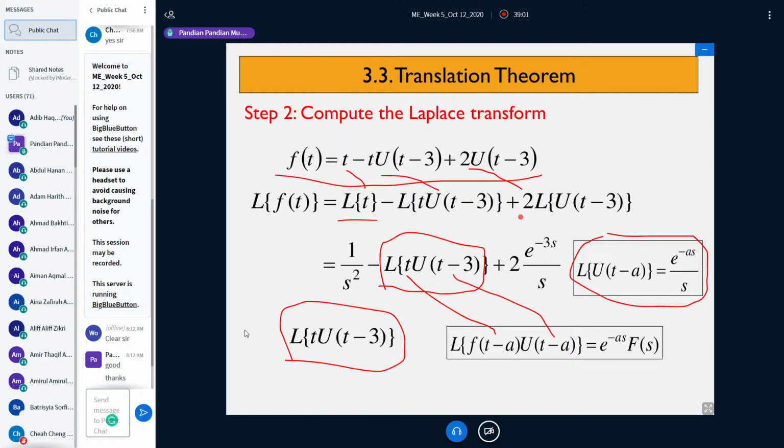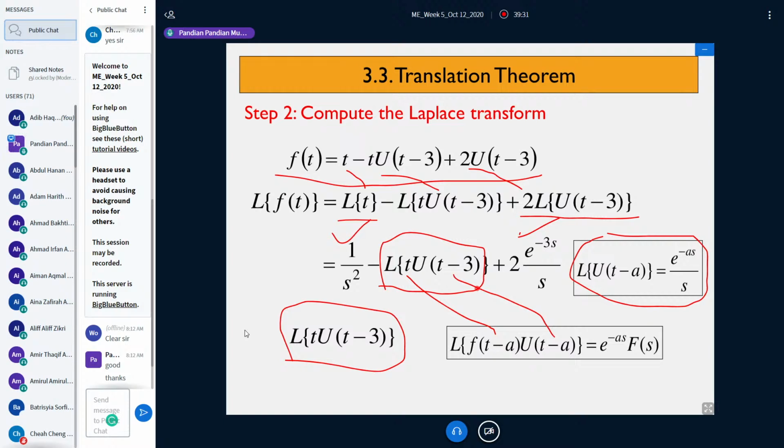But for 2 Laplace of u(t minus 3), directly use this formula, e power minus 3s over s. So we already finished Laplace of t, and Laplace of 2 u(t minus 3). But Laplace of t u(t minus 3), not yet.